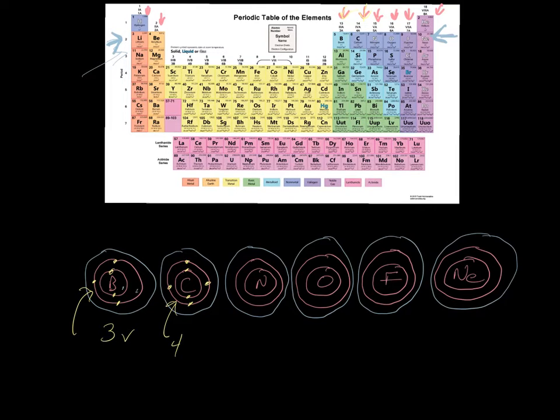Nitrogen has 7, right? 7 total electrons. 1, 2, 3, 4, 5, 6, and 7. So in the outer shell, it has 5, all right? I'm pointing to the outer shell. This is oxygen. This is an O. So let me go ahead and draw this as an O. This is an O, not another shell.